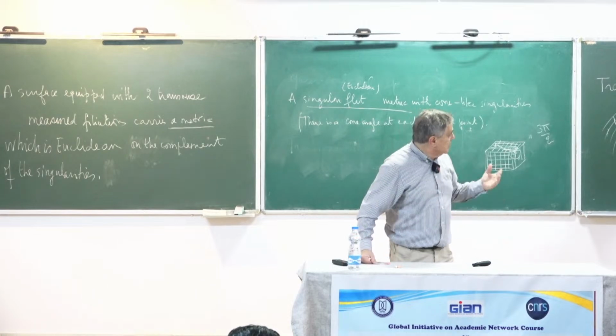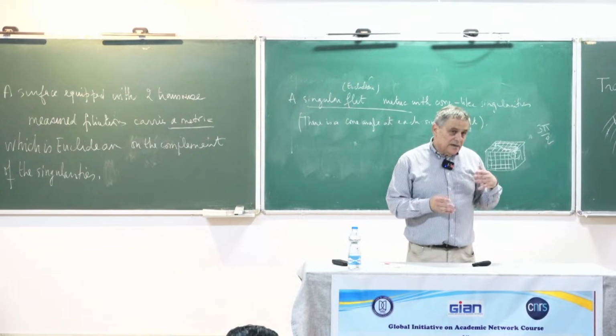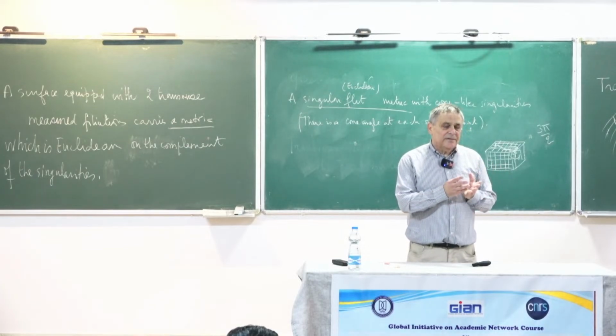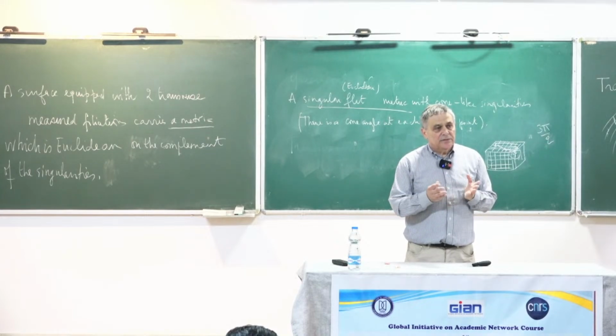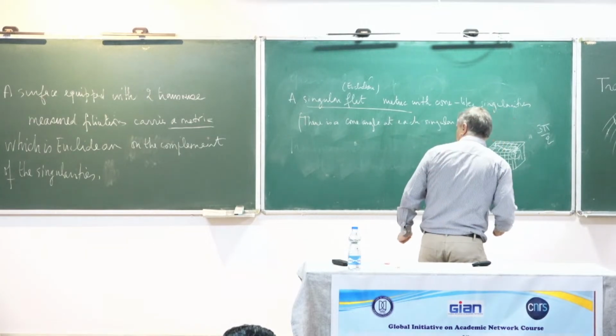A geodesic means many things, but in particular, I have to tell you a path in this space of metrics, and then I will tell you that this path is geodesic.